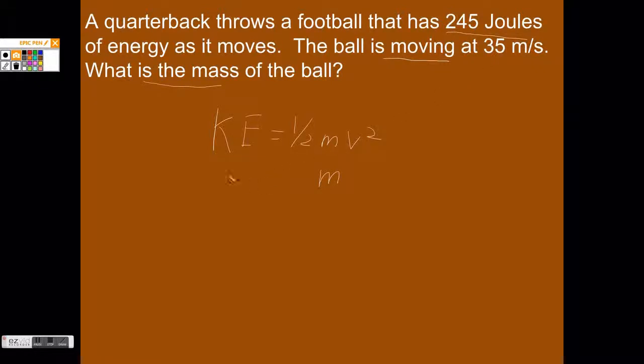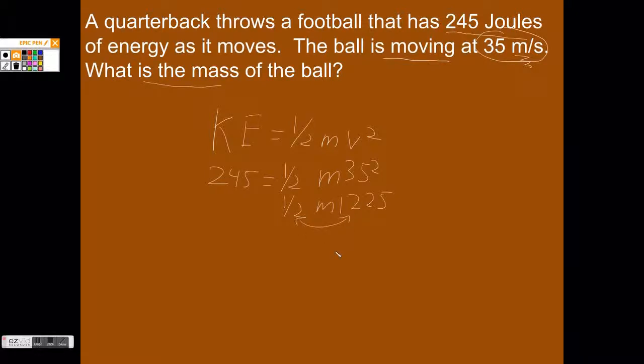So looking up at the top, I see 245 joules. If I see joules, I know it's KE. Let's plug in 245. We'll keep the 1/2. And now I look at 35 and I see m/s, so I know that's our speed. So we'll put in 35 squared. So order of operations, we'll do 35 squared first, which is 1225. Put in our m and 1/2.